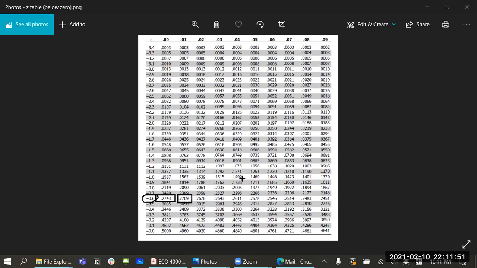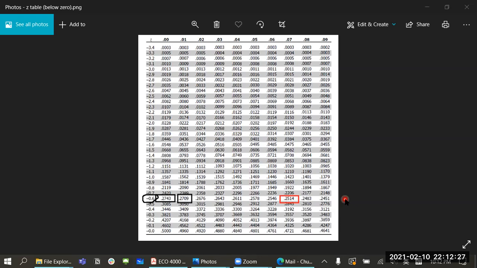You need 0.67, so it is this one. So it says that the probability of z smaller than -0.67 is 0.2514. Too many numbers to read. So this is how you use the ZTable.